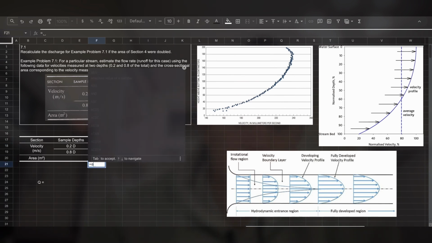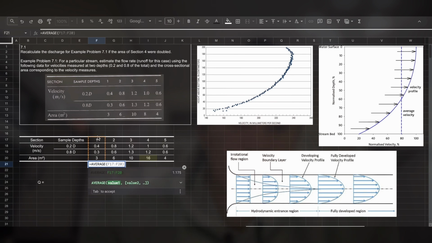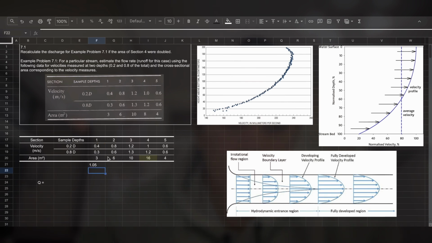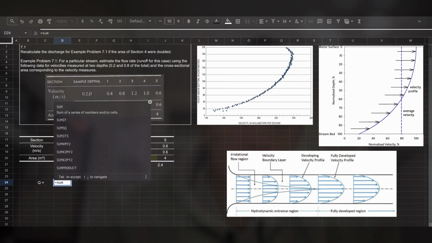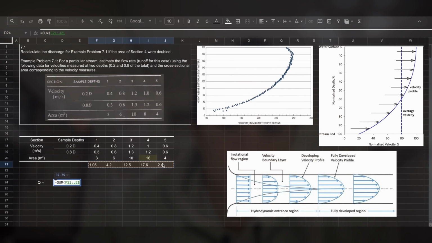It equals the average of these two values multiplied by the cross-sectional area. And we do the same with the rest of the sections. And then all we need to do is sum up all these values. And this is cubic meters per second. This is your answer here.